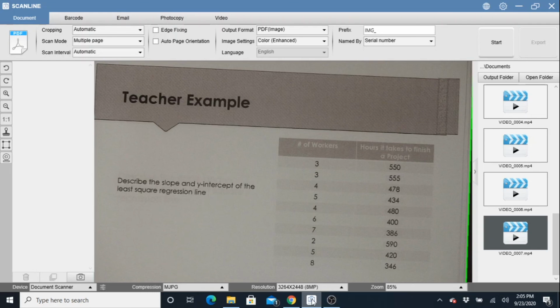My y-intercept is 659.5576. Now I want to explain that in the context of the problem. Remember, that is where x would be equal to 0, where the explanatory variable is equal to 0. The explanatory variable is the number of workers.